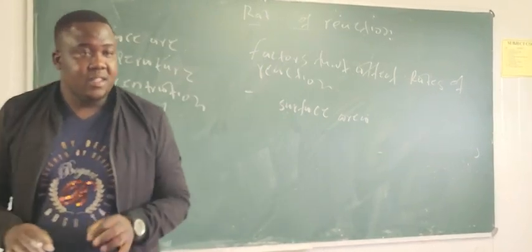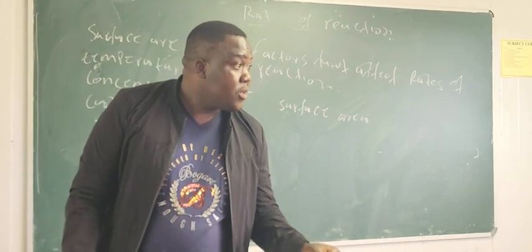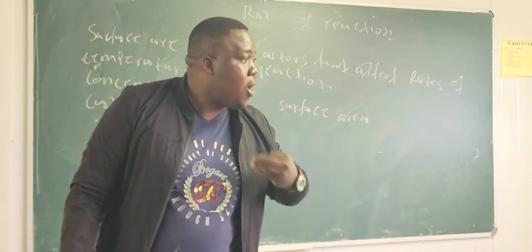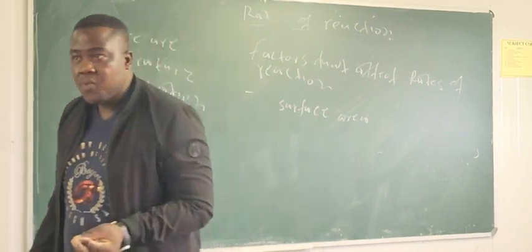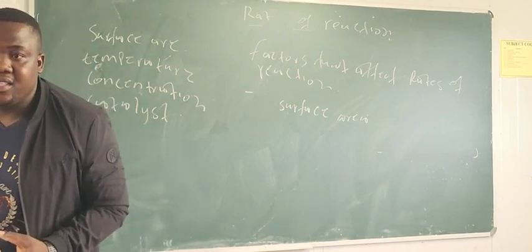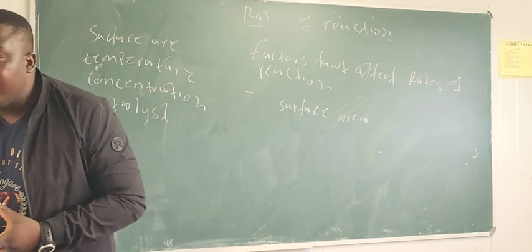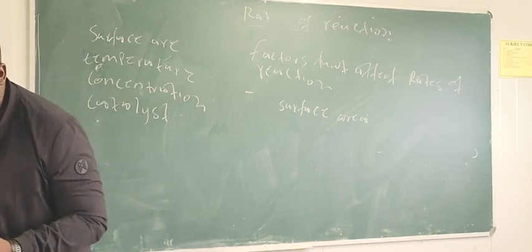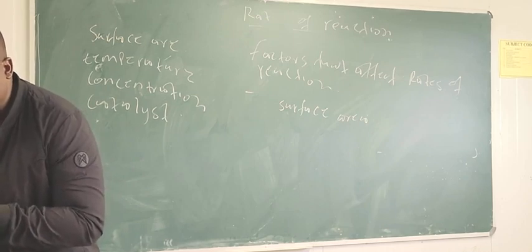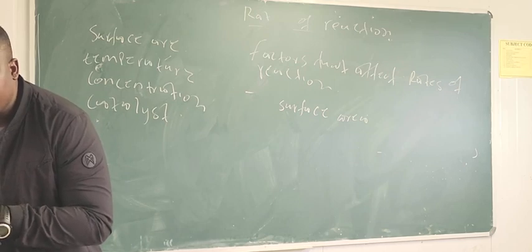Remember, rate of reaction is concerned with the reaction occurring faster or slow. Say you are working in a company, selling a particular product. You are interested in making sure that the product you manufacture is produced fast.